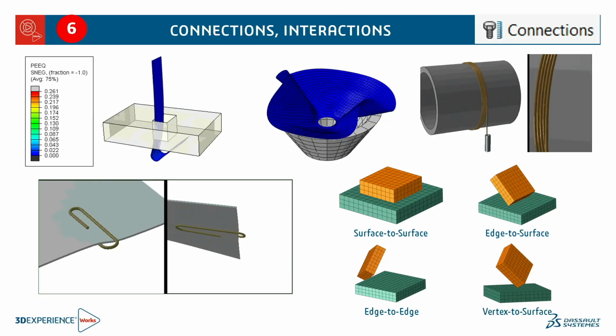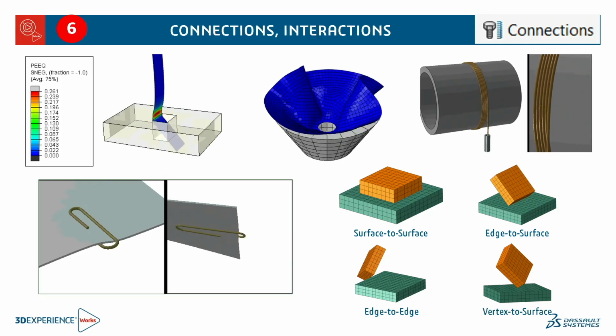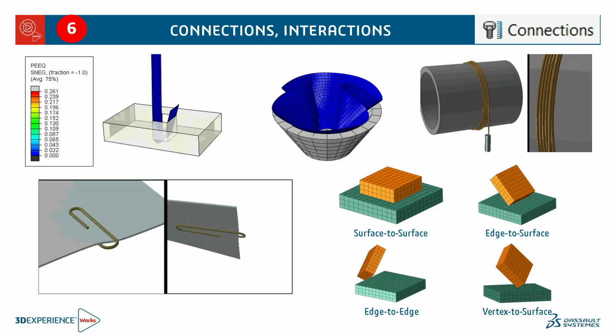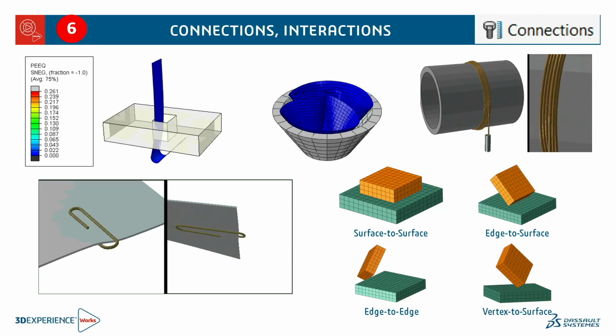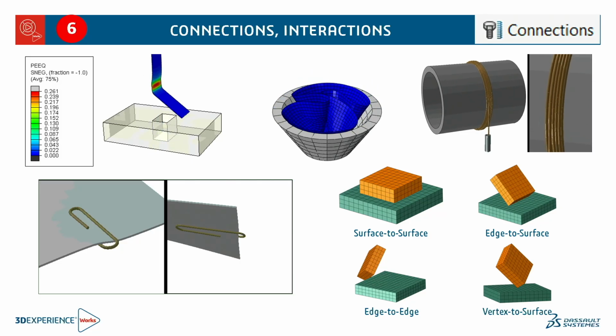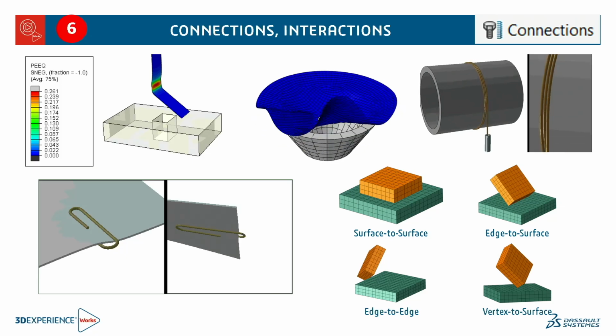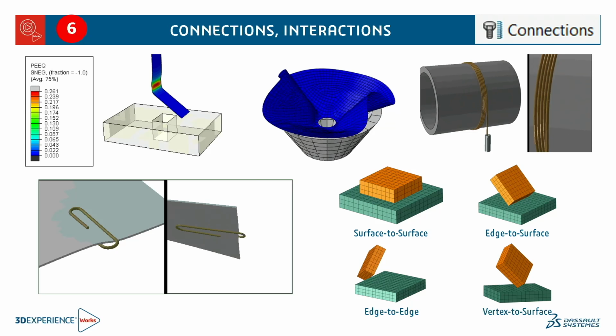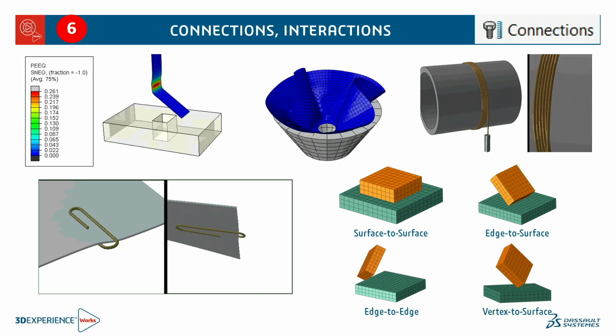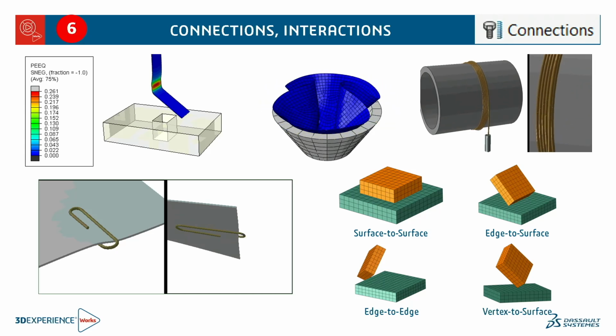And then there's obviously beam to solid contact, and the paperclip is actually a beam to shell contact. Again, they're just shown fully rendered. And we'd still support all of the things in general contact that you're used to through SOLIDWORKS Simulation: surface to surface, edge to surface, vertex to surface, as well as edge to edge contact.